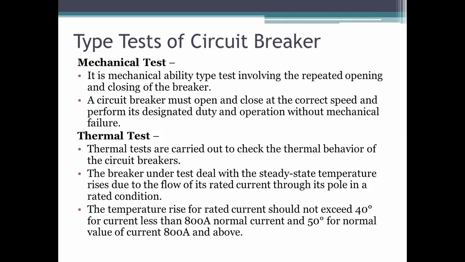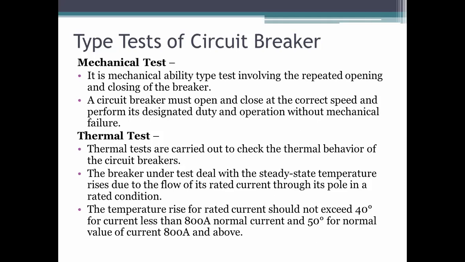So before producing the arc, your circuit breaker should be at normal temperature, that is the steady state temperature. When the arc is produced, if the arc current is less than 800 ampere, then the temperature rise should be less than 40 degrees Celsius above the steady state or normal temperature.